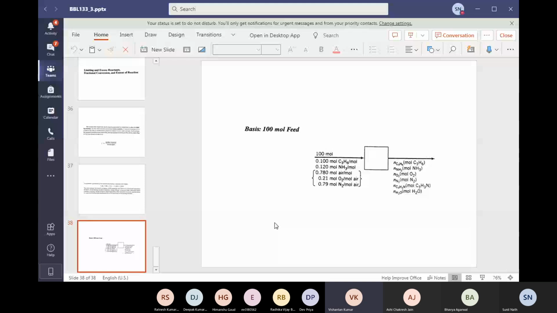Sir, I guess yield should be theoretically how much product should have been formed, and actually how much formed, so we divide both of them. Okay, yield is never like that. It's never based on what actually happens divided by theoretical.